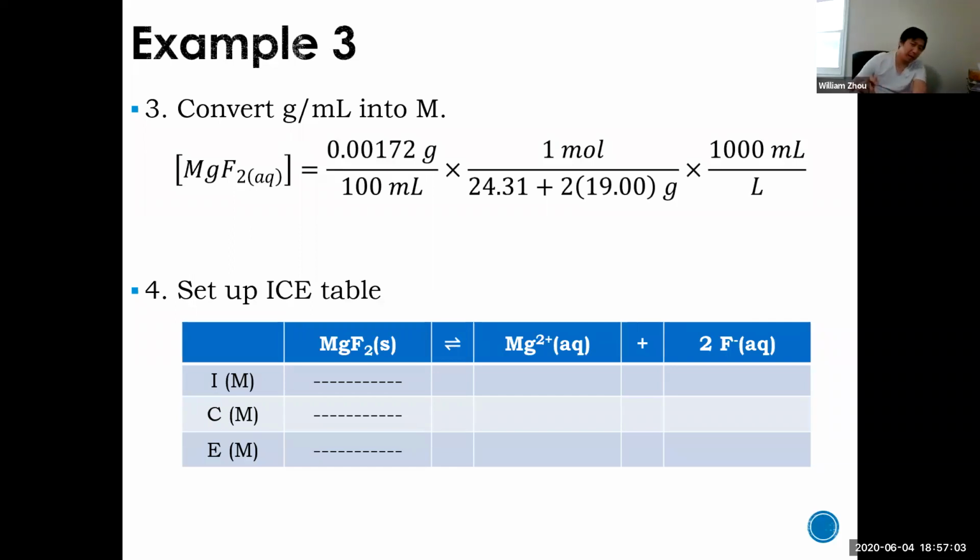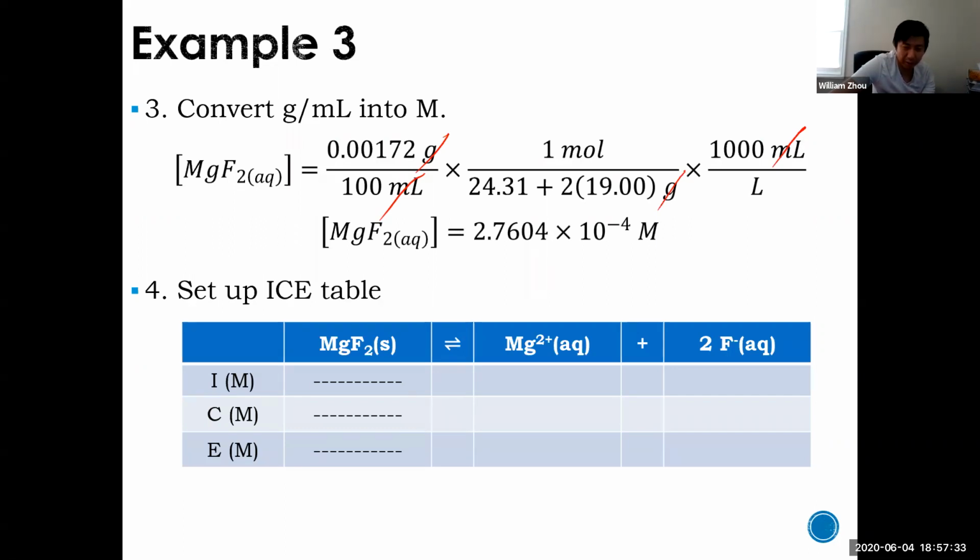If you divide by the molar mass, the grams should cancel with the grams. Okay, and then you would have moles. But right now you still have milliliters, so you multiply by 1,000 milliliters over liter, so the milliliters cancel. So the units left will be moles per liter. And you put that in, and there you have it. That is the concentration of magnesium fluoride aqueous in moles per liter.